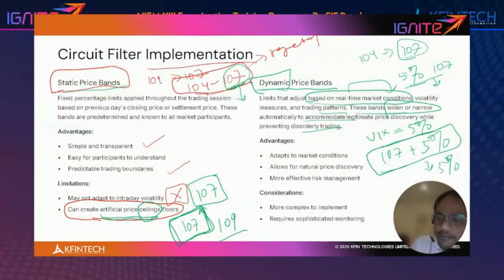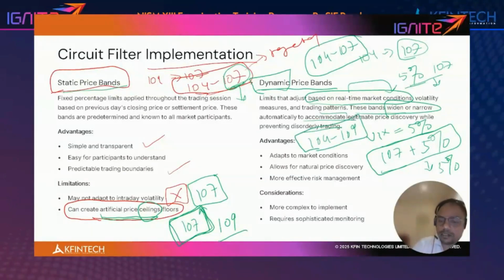That means if there is a lot of volatility, 104 to 107 will be the band. If the volatility is low, it will become 104 to 109. So there could be more players who want to actually buy and sell the bonds and there is no panic in the market. So this is a dynamic price band.